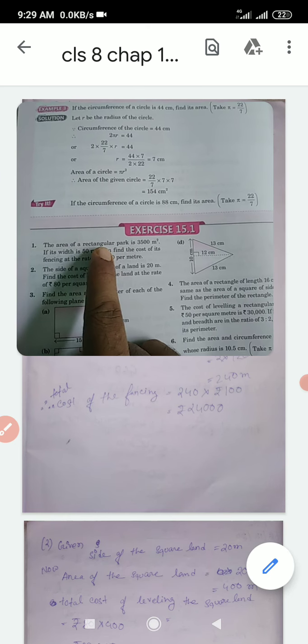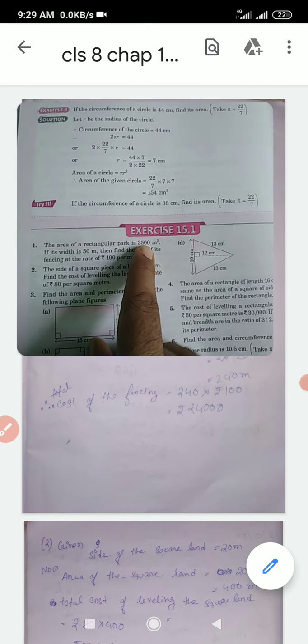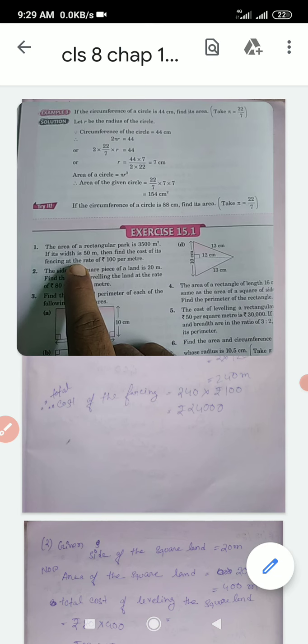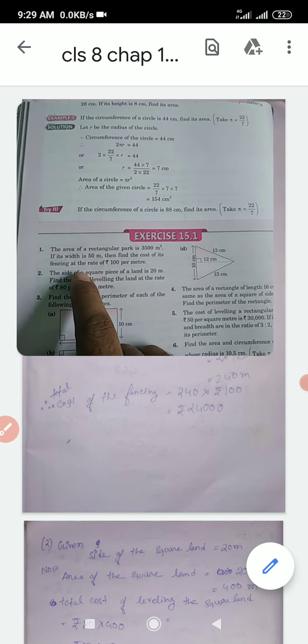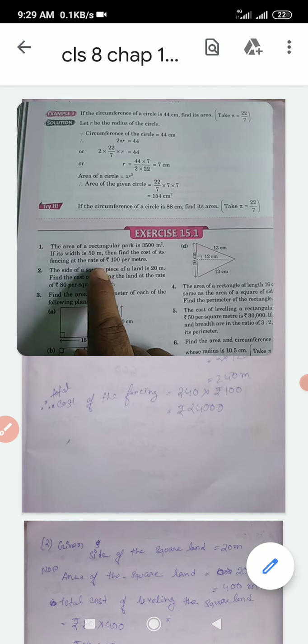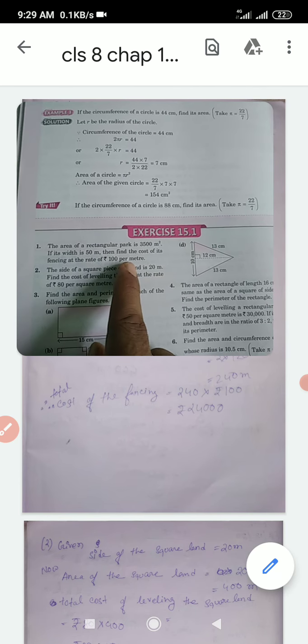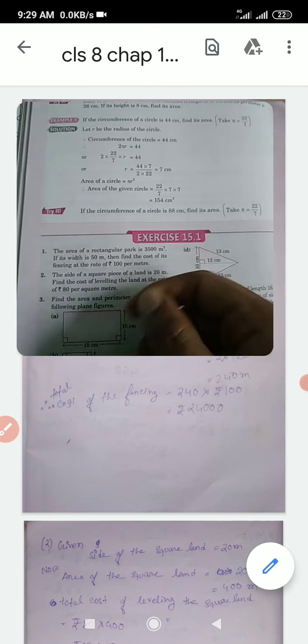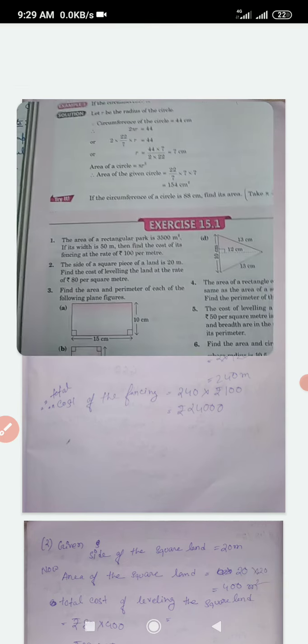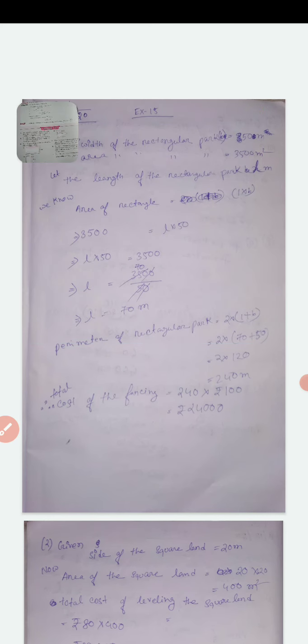So breadth is given, we find the length from the area, and after that we'll use the length and breadth to find the perimeter. And they have given us that 1 meter costs rupees 100, so what will be the cost of the whole fencing? So let us check out the solution.